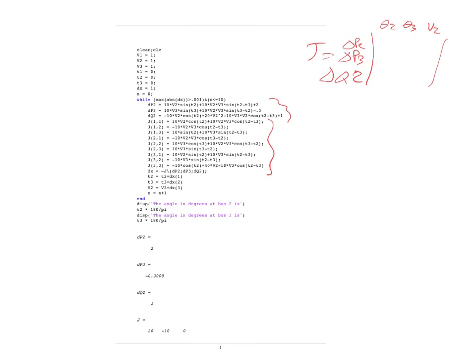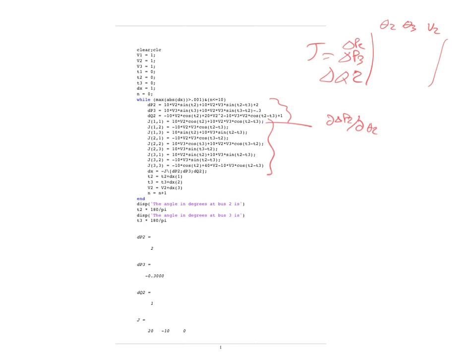You would think delta P2 and then you'd have delta Q2 after because it's 2. No, you order all the P's together, all the Q's together, all the thetas together, and all the V's together. So if you look over here, J11 is the partial of delta P2 with respect to theta 2. All right? So you can take a look at that and verify.